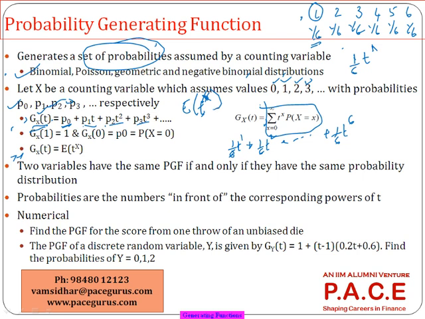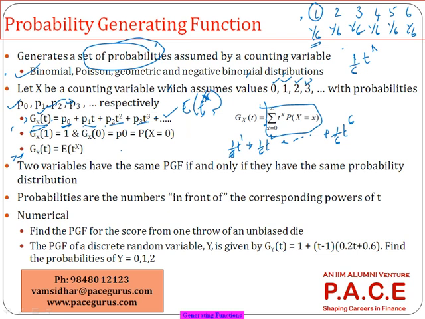Now from here, some important results. G of 1 means you put t equal to 1 in this equation. What does it become? P0 plus P1 plus P2 plus P3 and so on, which is the sum of all probabilities, and that comes out to 1. So the result is G of 1 equal to 1.